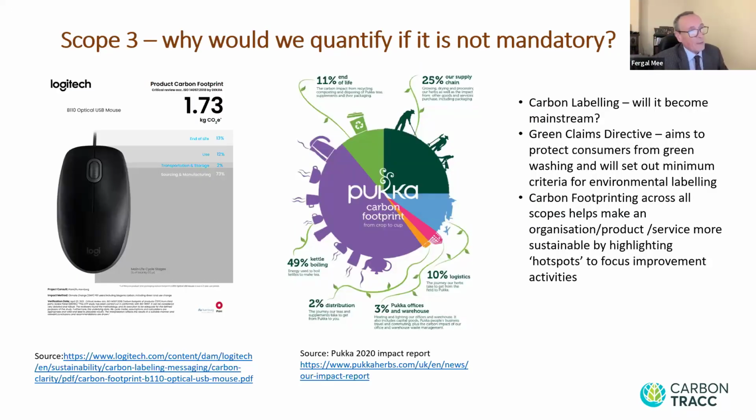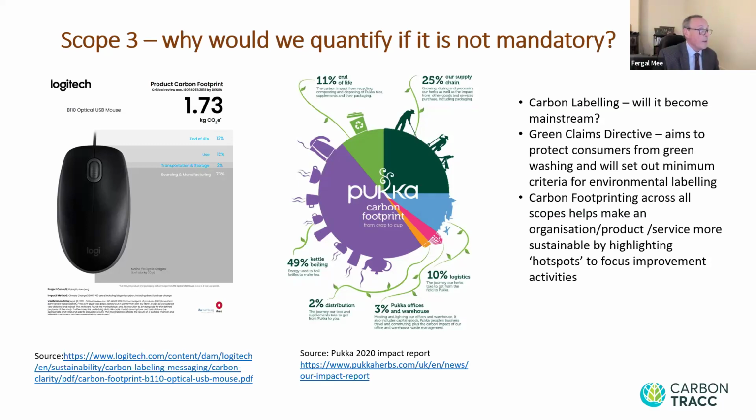And then we have two products here, carbon labeling. When they become mainstream, carbon labeling is common. Many products have a carbon label, and there are rules associated with carbon labeling, many of them subject to ISO standards, particularly ISO 14067, which is the greenhouse gas standard for the carbon footprint of a product. These are examples here.